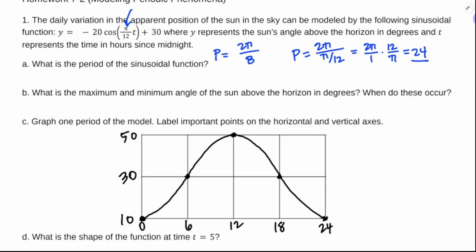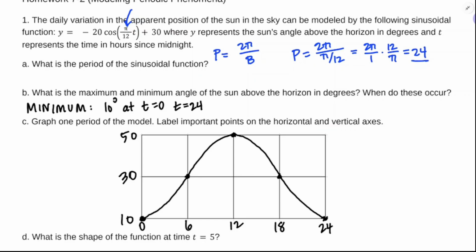And when do the maximum and minimum angle of the sun occur? This is like up in Alaska in the summer when the sun never quite goes down, because it looks like the minimum is going to be at 10 degrees. Let's write that out. At t equals 0 and t equals 24.